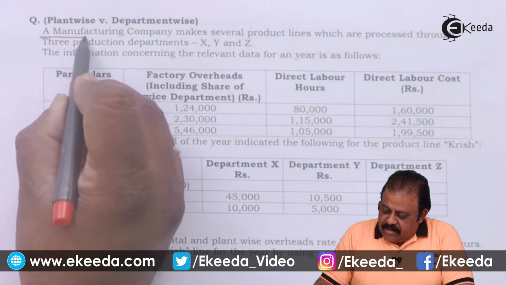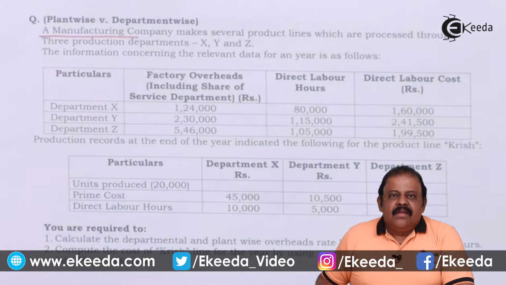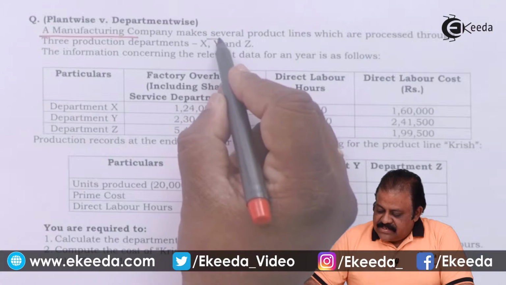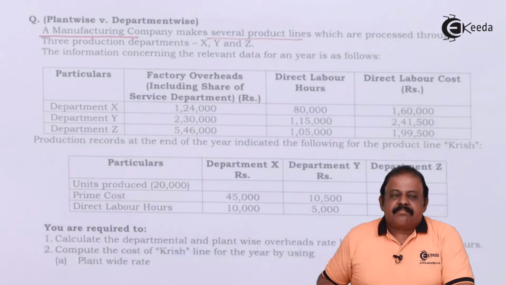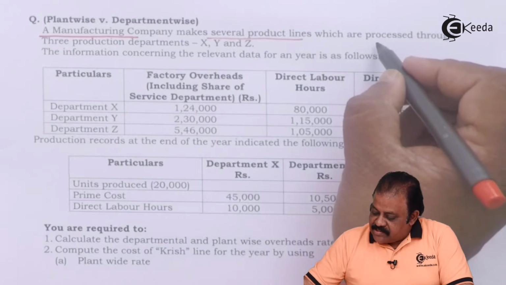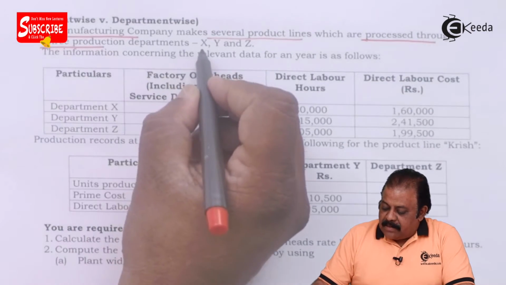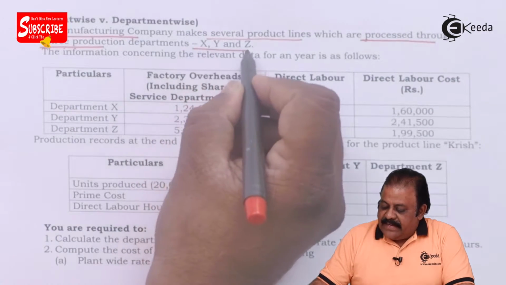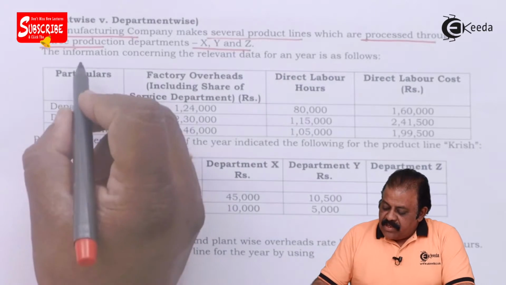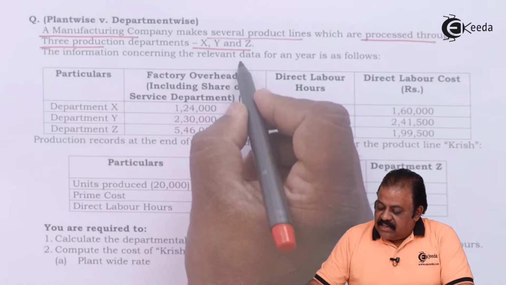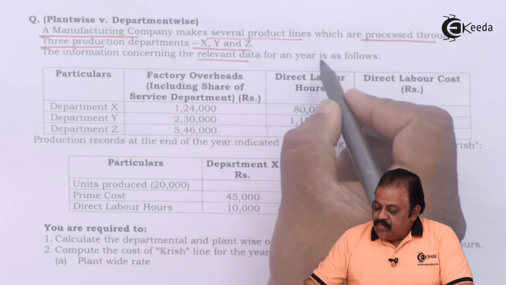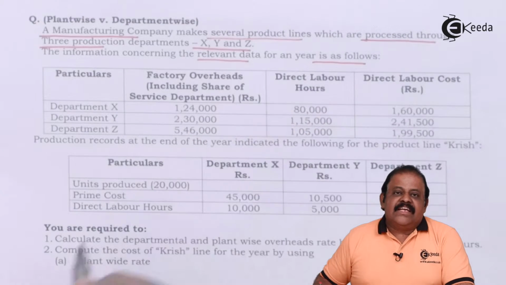A manufacturing company makes several product lines which are processed through three production departments X, Y, and Z. The information concerning the relevant data for a year is as follows.